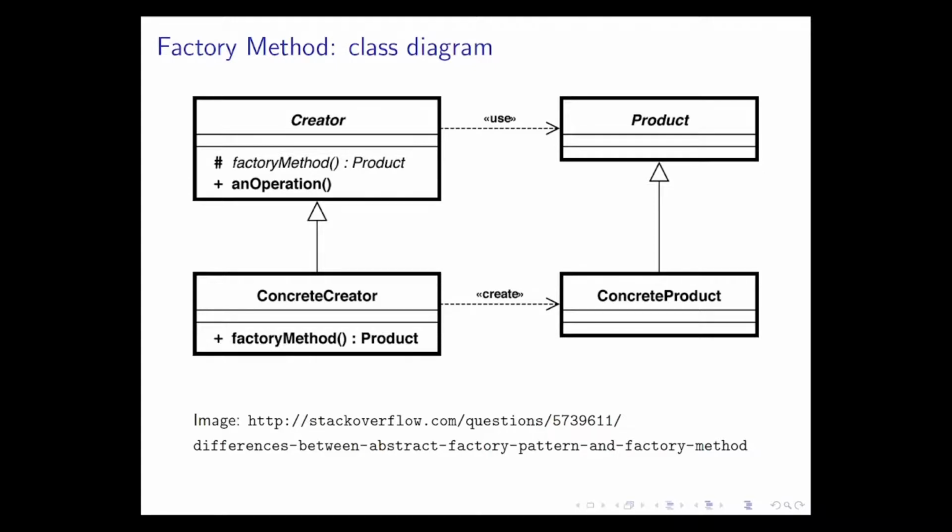The idea is that factoryMethod, which in this case is shown as abstract, is going to somehow create a product object, and the type that it will have in the code of an operation will be Product, and that's all we will ever use about it. We don't have any dependency on ConcreteProduct.